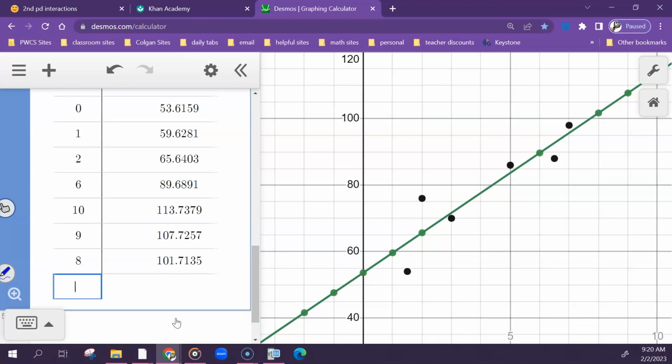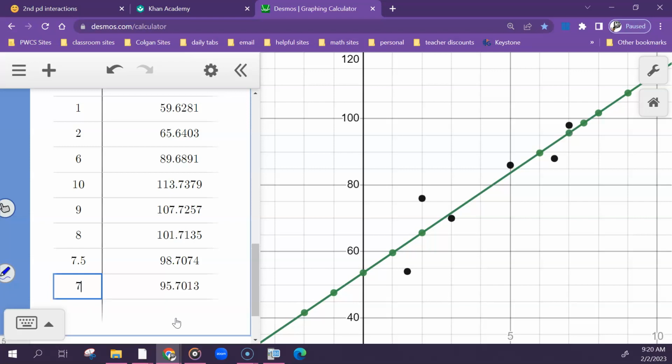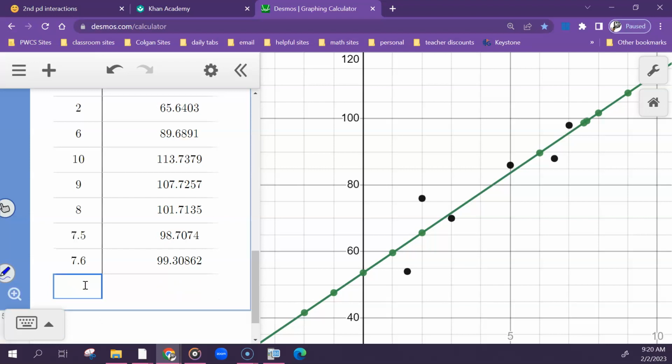All right, then you can start playing with it. 7.5, that's close. 7.6. 7.7. Also close. 7.8. And then you can keep playing with it like that. But it becomes like a guessing game if you're using the table.